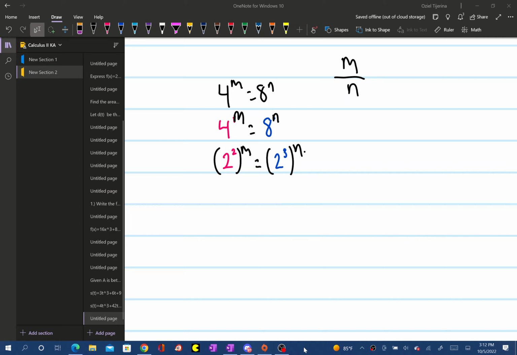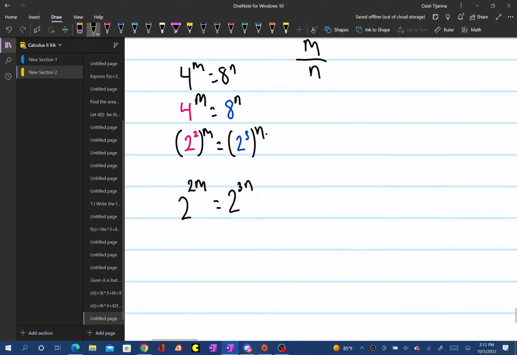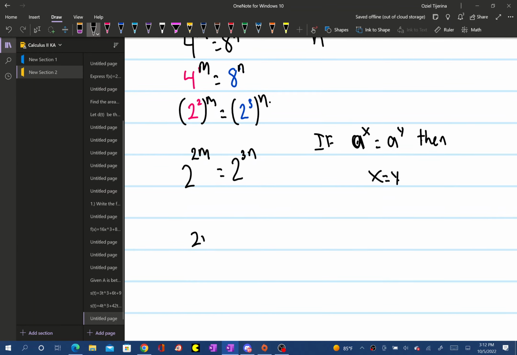So that means that 2 to the 2m equals 2 to the 3n. Now, if a to the x equals a to the y, then x equals y. So this means that 2m equals 3n.